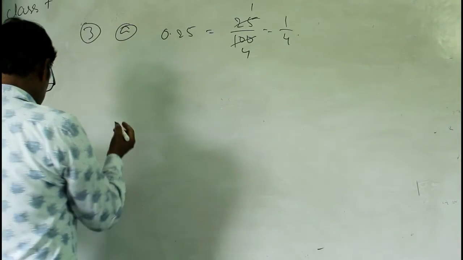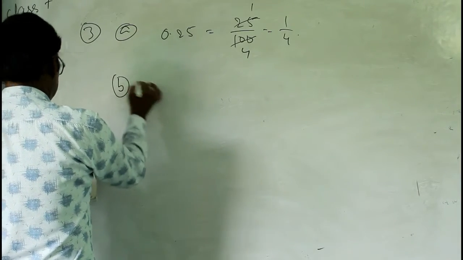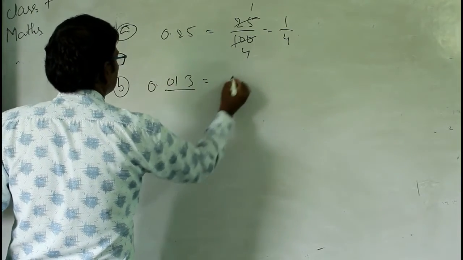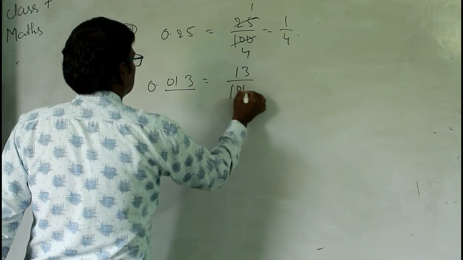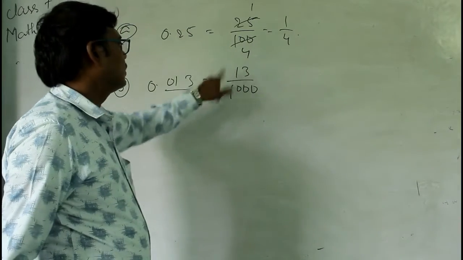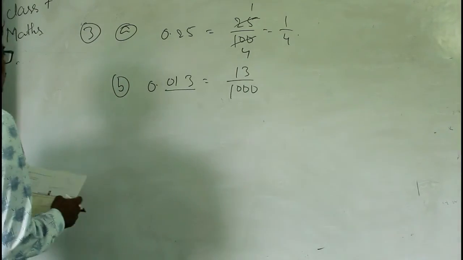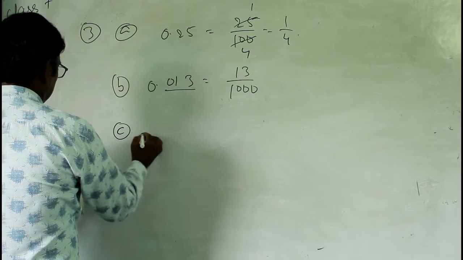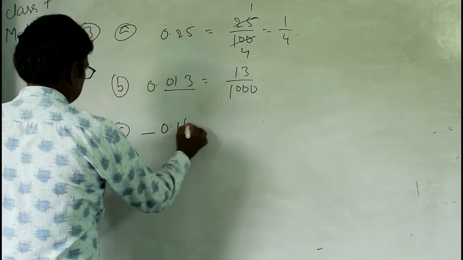Then similarly you can do other questions like B. 0.013. Because there are 3 digits here, it will be 13 by 1000 and this will be the answer only, because these two will not cancel, they don't have any common factor. Similarly you can solve question number C, negative 0.168.